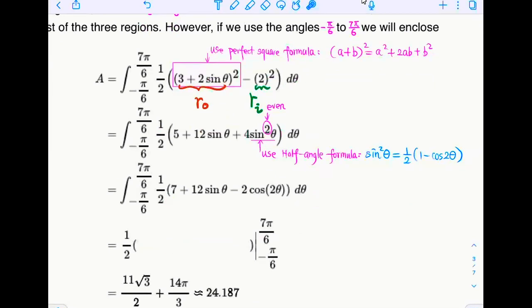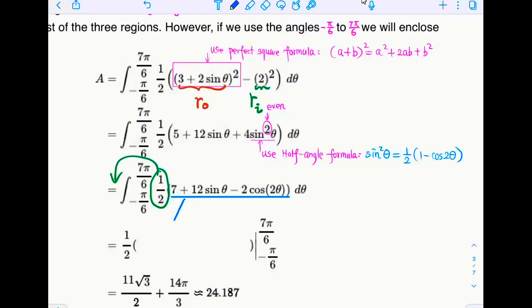Now we just need to find the antiderivative here. What's the antiderivative of this? Let's just practice. We can take the 1/2 outside because that's a constant multiple, right? Now we can take the antiderivative of this term by term.